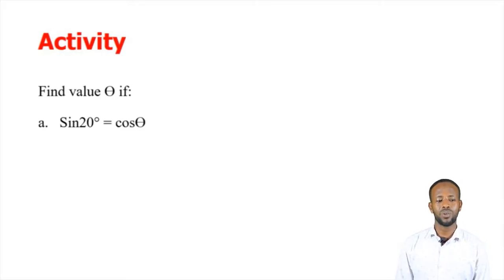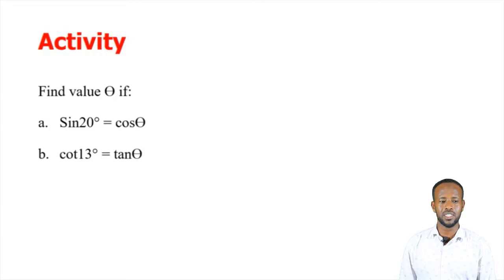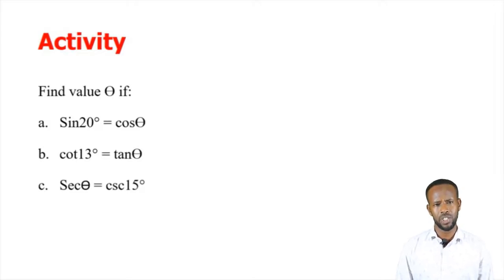If cot of 13 degrees is equal to tan theta. What's the relationship between sine and cosine first? What's the relationship between cot and tan? What is the relationship between sec and cosecant? Do you remember? If you remember, you will answer. Again, sec theta is equal to cosecant 15 degrees.